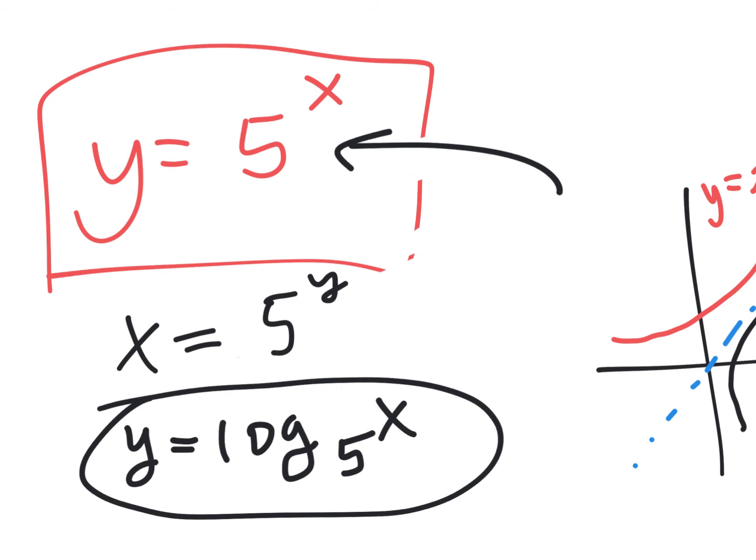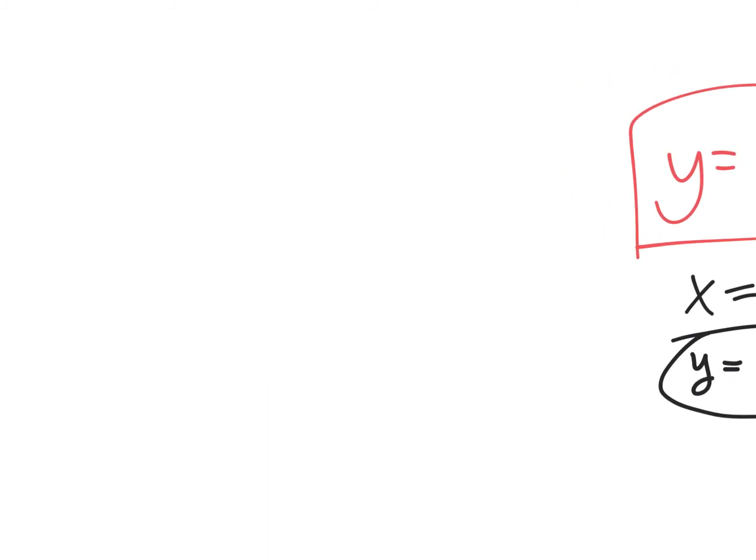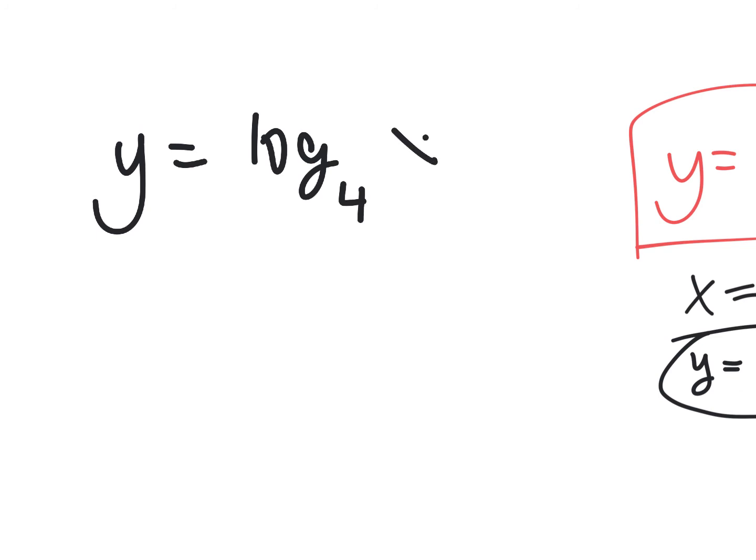But remember, in other words, let me rephrase your question, because the kids will have to know this. What if I had y equals log base 4 of x, and they said, make an inverse of that? We can do that. We switch the x and the y around. x equals log base 4 of y, and that looks weird because the y is on the inside, right? So then I could solve it.